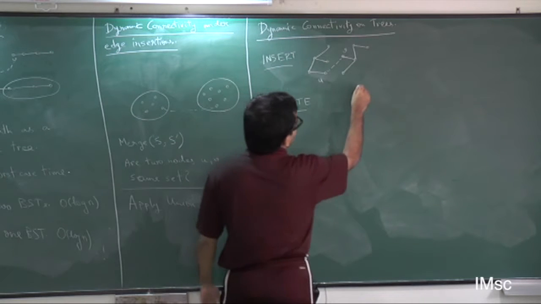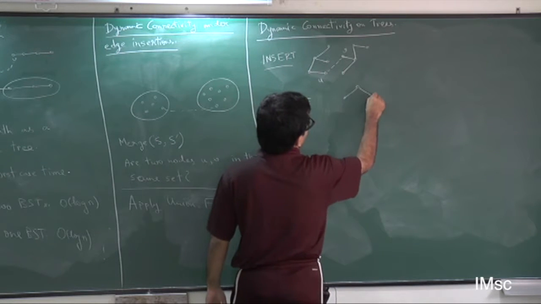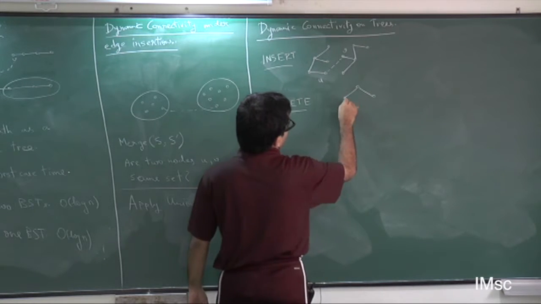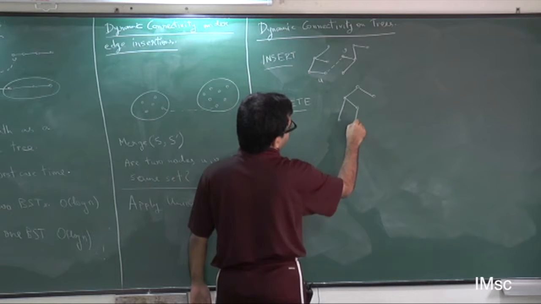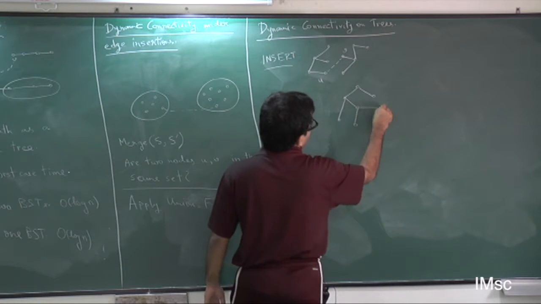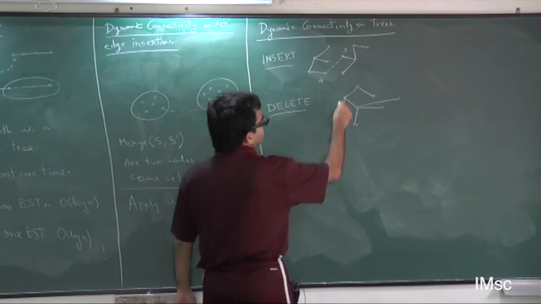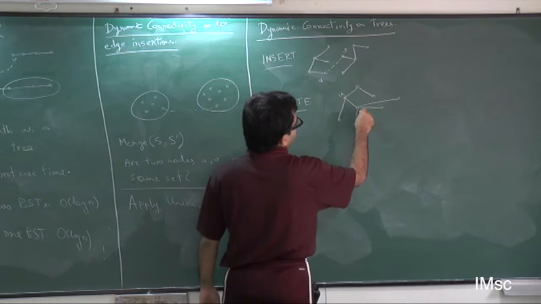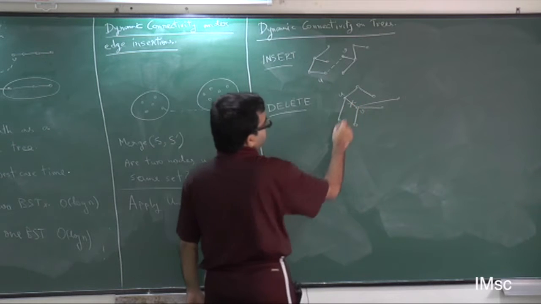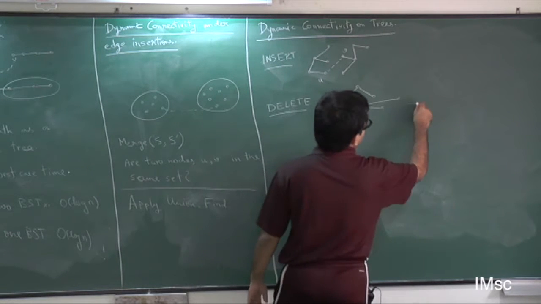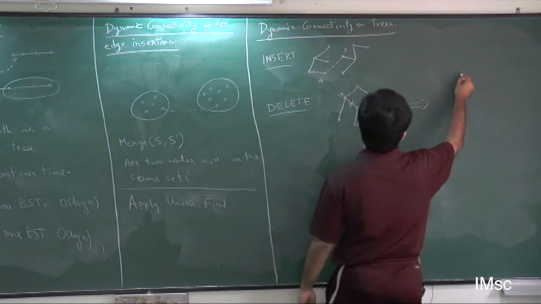So, delete is you are given a tree, need not be a binary tree, but anyway. Now, I ask you to delete this edge u v, so that this will split into two halves.